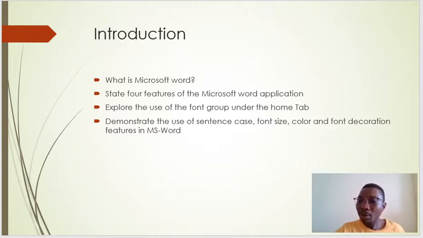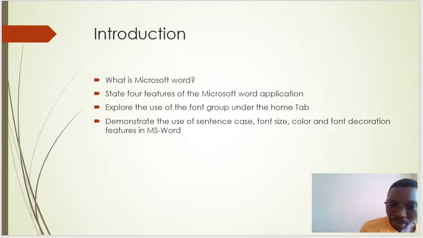We said word processing refers to the act of using a computer to create, edit, save, and print documents. In order to perform word processing, you need a specialized software known as a word processor. So we use Microsoft Word for our last lessons.